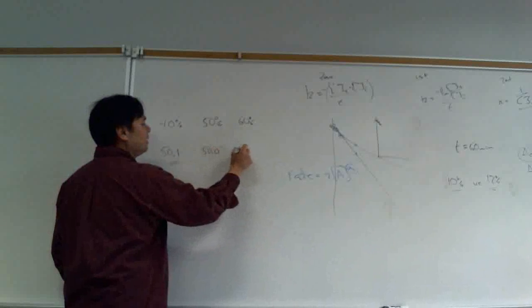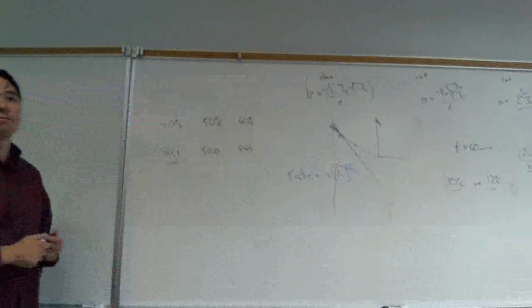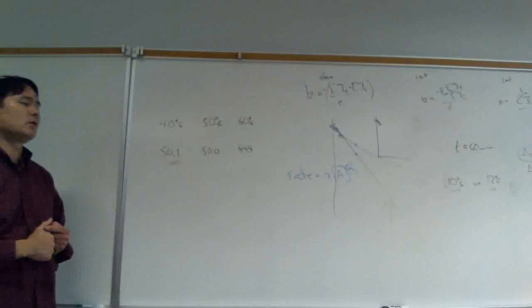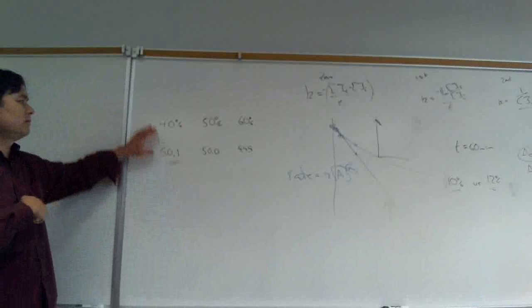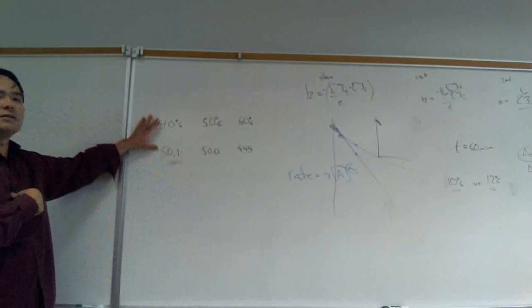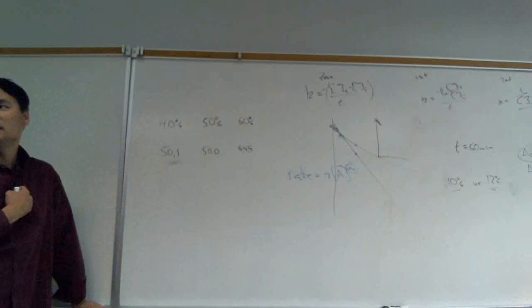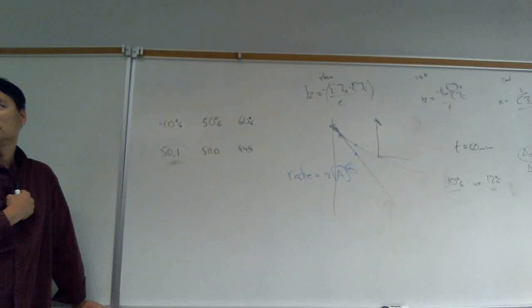Trial 3, 49.9%. I don't know if this illustrates my point very well, but these both give the same average, right? But the differences are greater in the first person's data versus the other's.